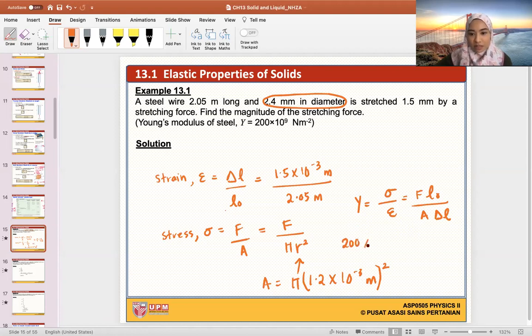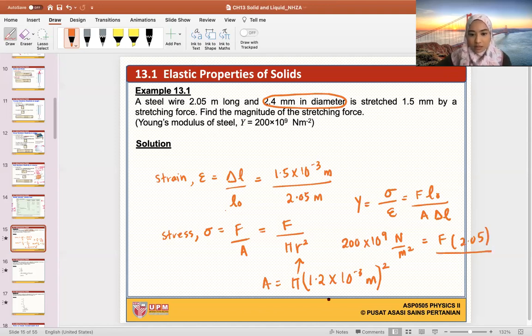200 times 10 to the 9, right? Newton over meter squared. Okay, so F, we are finding out what F is. Our initial length is 2.05.